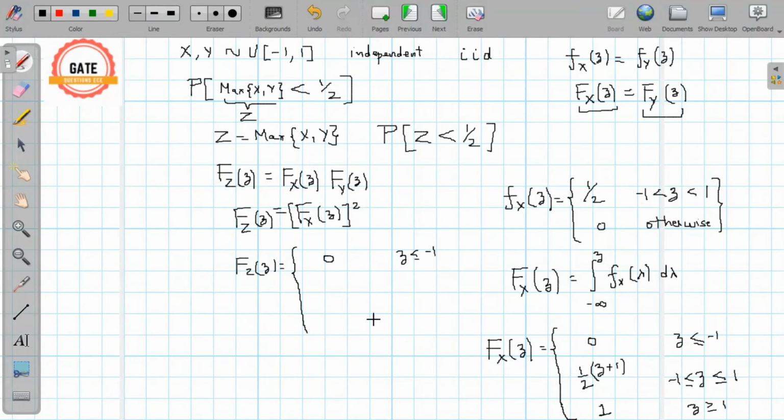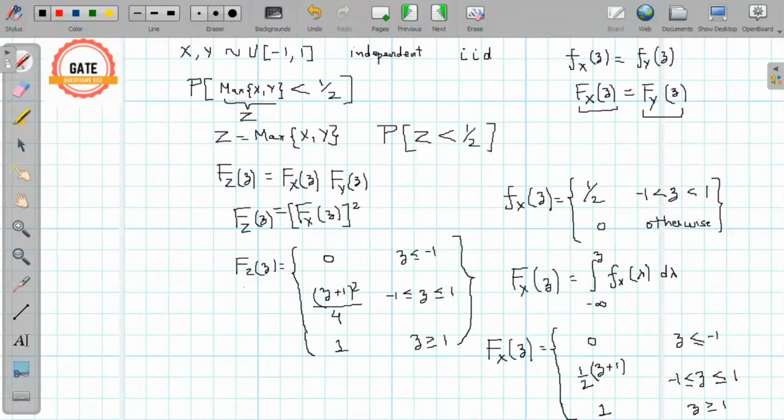And squaring this, we will get z plus 1 whole square divided by 4 for the range minus 1 less than or equal to z less than or equal to 1, and 1 for z greater than or equal to 1. So this is the CDF of z.